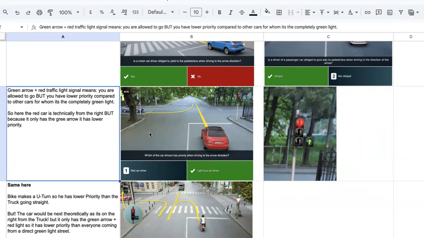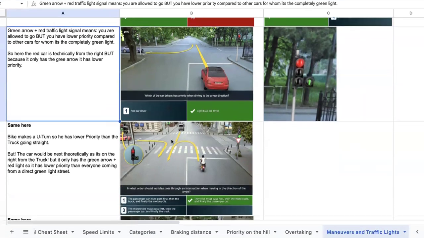Even though this is technically an equal intersection, if the traffic lights wouldn't work at all, I would go first because I'm on the right. But as the traffic lights work, he has the main traffic light working. For me, it's red, but I have this small green arrow here. It means I am allowed to go straight, but I'm lower priority than the other guy. There are a couple of questions like that, so pay attention.